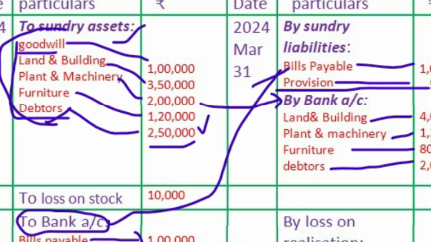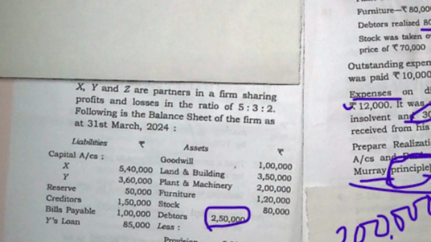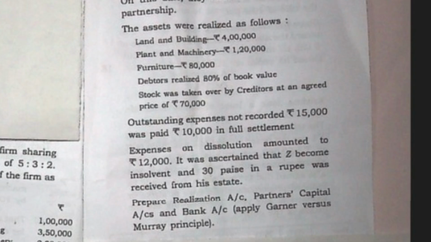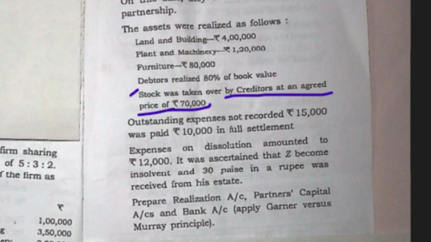Now the question is that here is one entry, loss on stock 10,000. This is to be understood with the help of this. You see here the value of stock is 80,000 and creditors had taken this stock at 70,000. A stock was taken over by creditors at an agreed price of rupees 70,000.